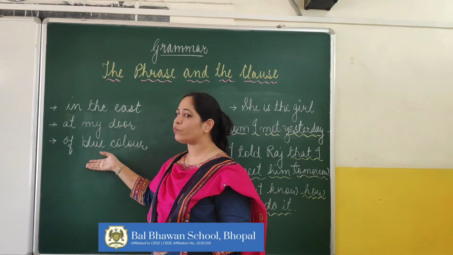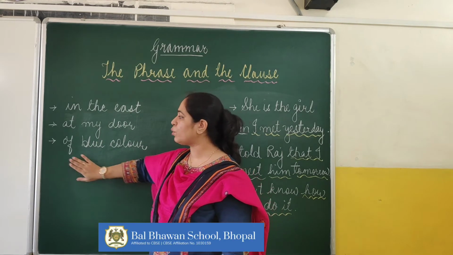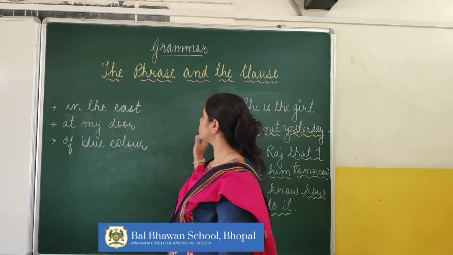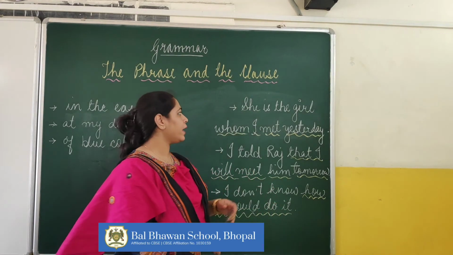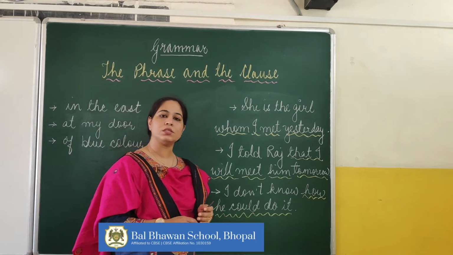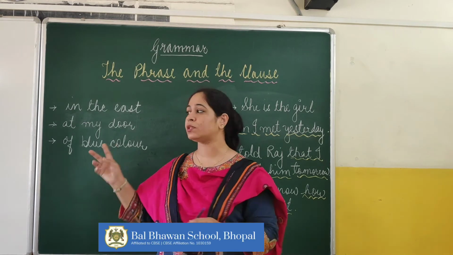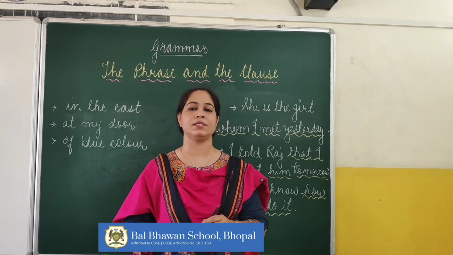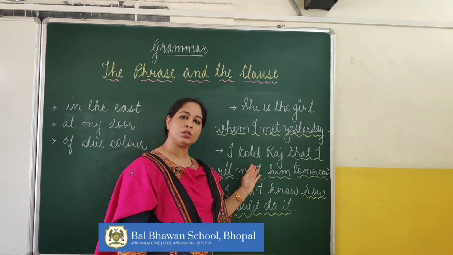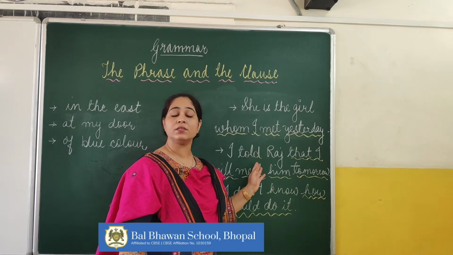Obviously, when we want to frame a sentence out of it, we have to add a subject and a predicate to it. Coming on to the clauses, I have written here a few examples of clauses. Now, what are clauses? Clauses again are a group of words, but the major difference between the two is that clauses have a complete thought, they make a complete sentence, they stand alone.